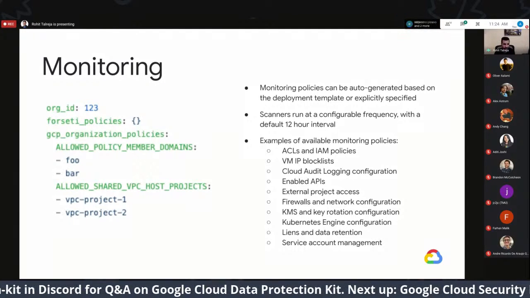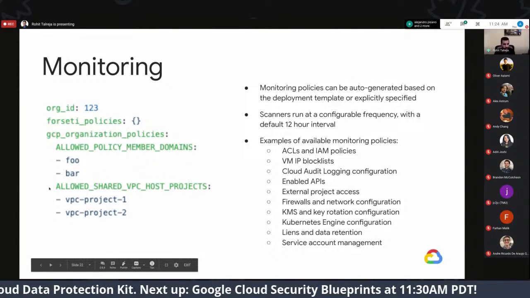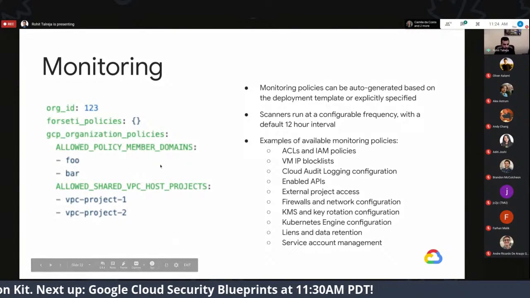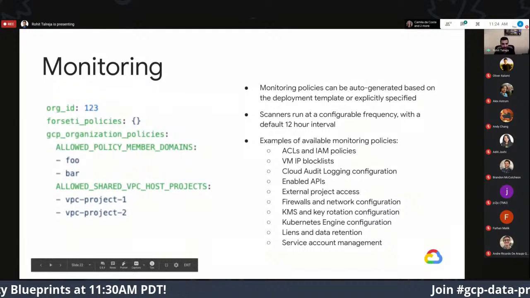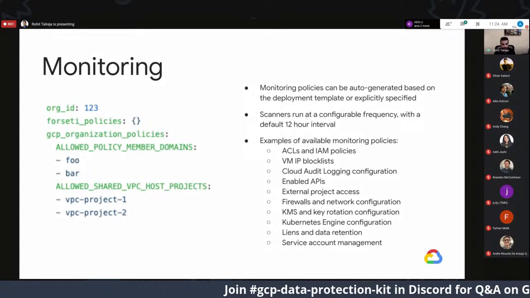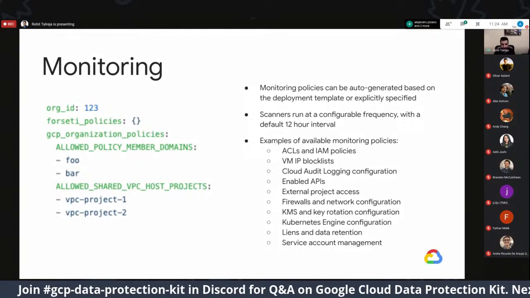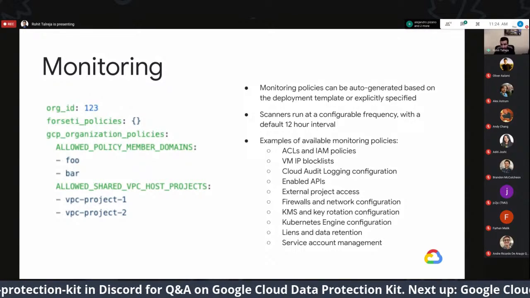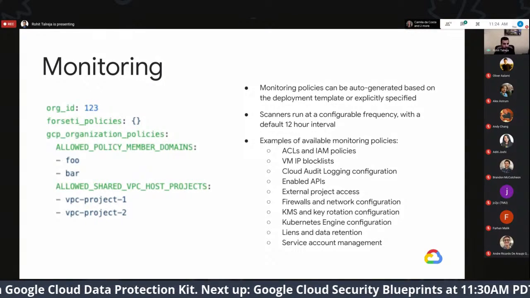We have monitoring policies for some organization-wide things like network policies or ACL rules, but we also have policies for very specific things like which APIs and services should be enabled, how encryption keys should be managed and rotated, how the data lifecycle should look for a particular storage service, and so on.